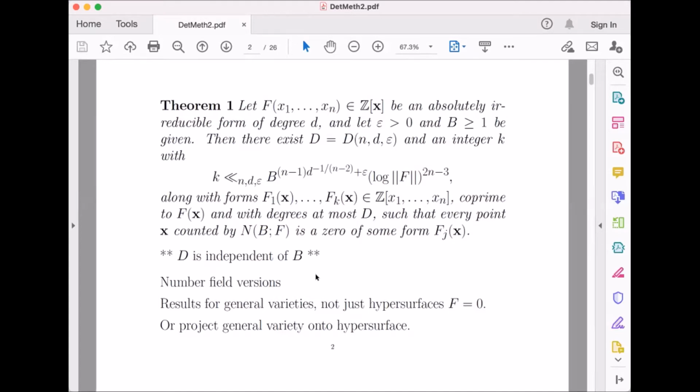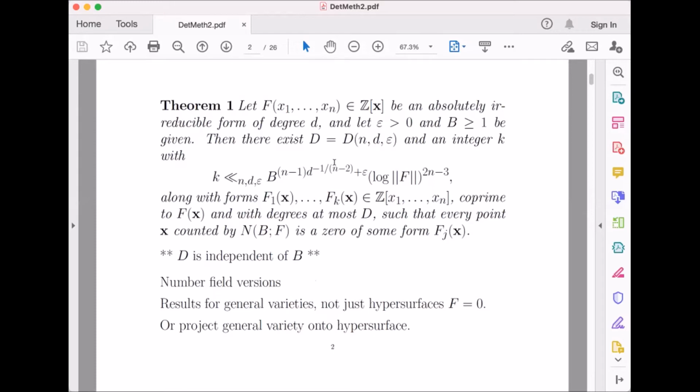And one way to prove such results would just be to project one's variety down to a hypersurface. And so, for example, if you had a curve in free space, then you could just project it onto a plane and count the points on the plane curve by using a result for, in that case, a plane curve.